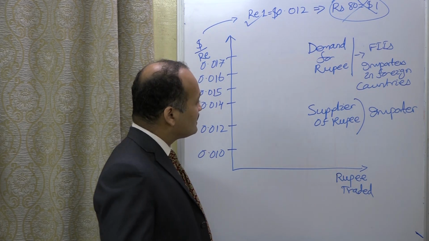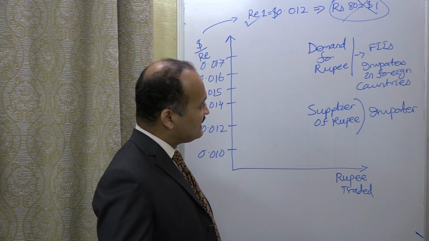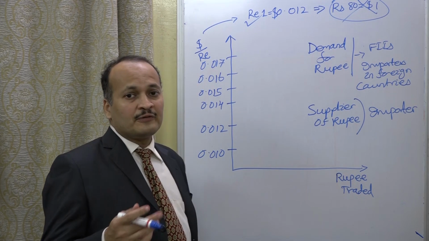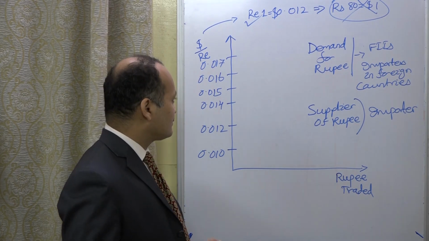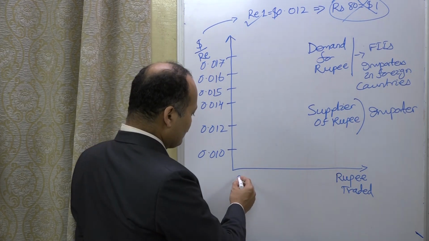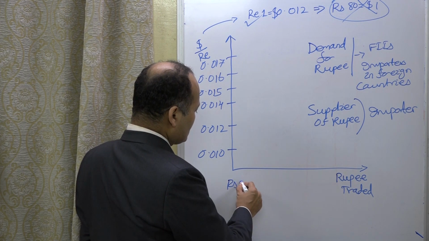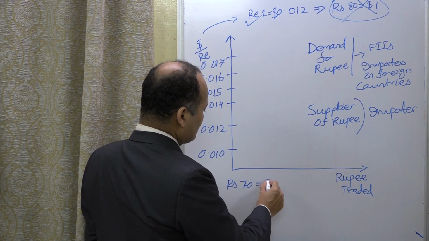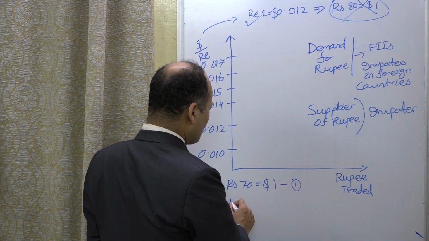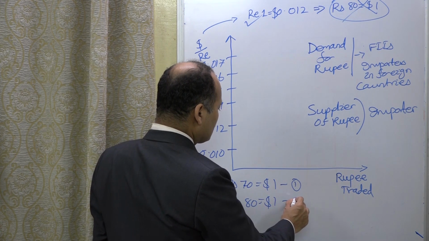So when we are talking about demand for rupee and supply of rupee, let us see how they respond to the different levels of exchange rates. Okay, let us consider two scenarios which we have already seen: the first scenario was rupees 70 equal to $1, and scenario 2 was rupees 80 equal to $1.